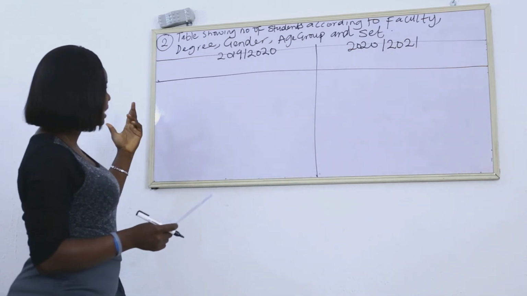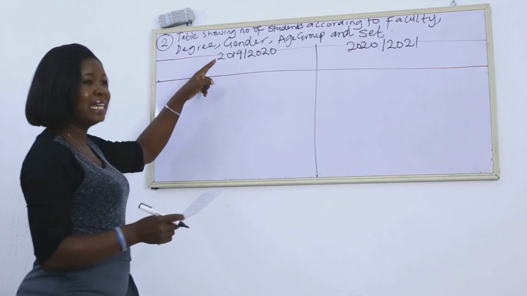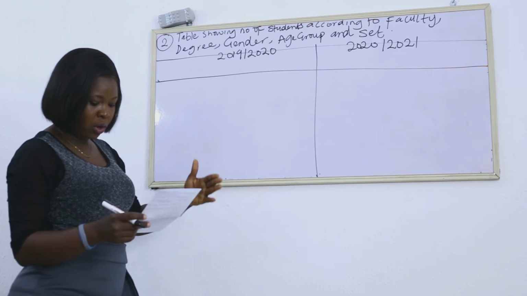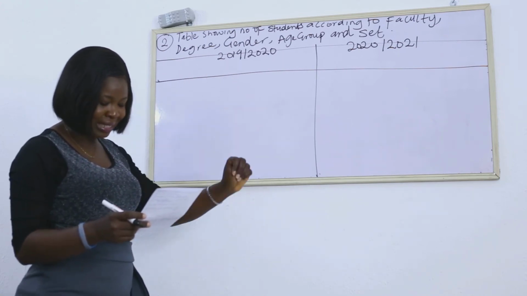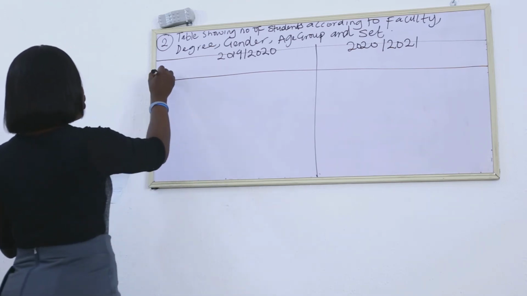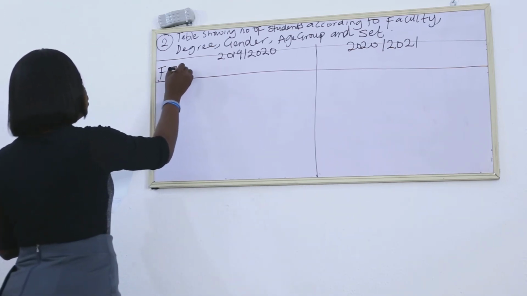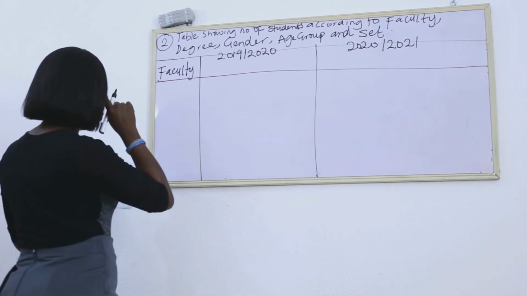The first thing has been done, the sets are represented on the table. That's 1 characteristic gone, remaining 4. The second thing I'll be representing on this table is the faculty to which each of these students belongs.